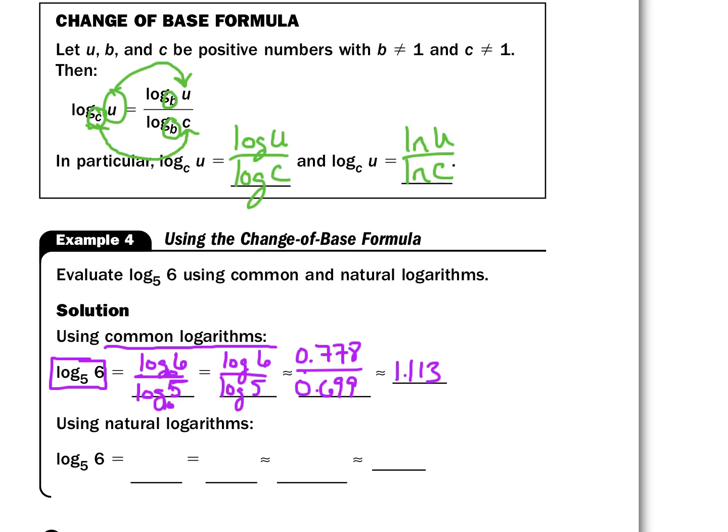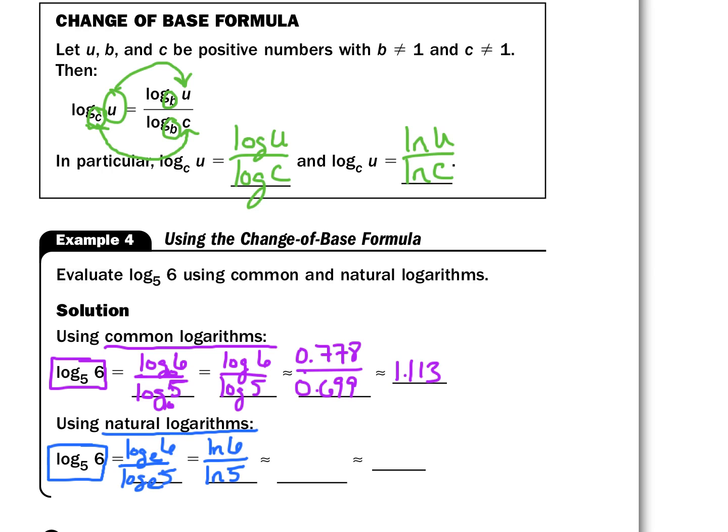And you can do the same thing, and basically this is just proving it by using natural logarithms now. So we're going to do the exact same problem, except now we're going to convert to natural logarithms. So in other words, log base e of 6 over log base e of 5, which is just the natural log, so ln of 6 over ln, natural log, of 5.